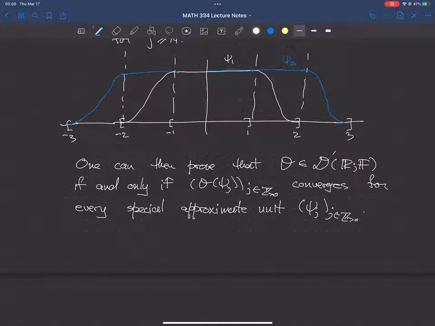Okay. All right, and for us, this will be the most useful because remember, our objective here is to talk about convolution of distributions, and it's this property that we're going to make use of.